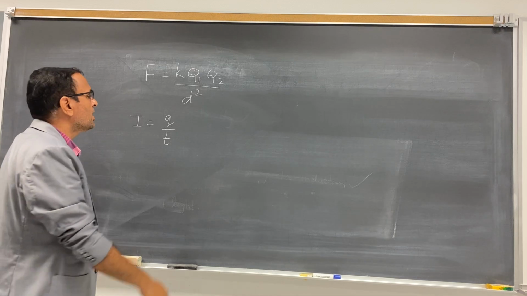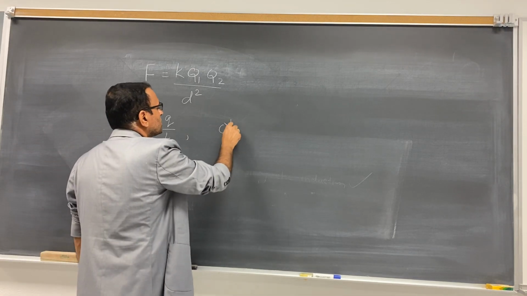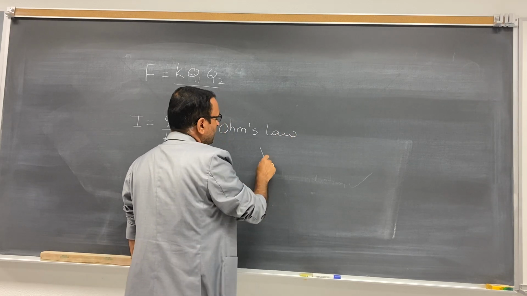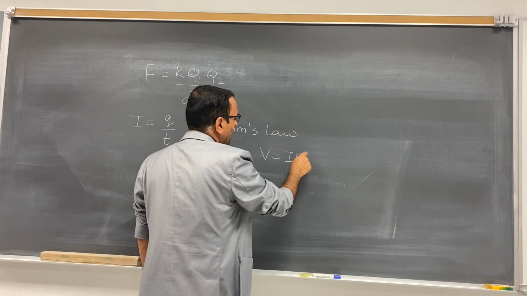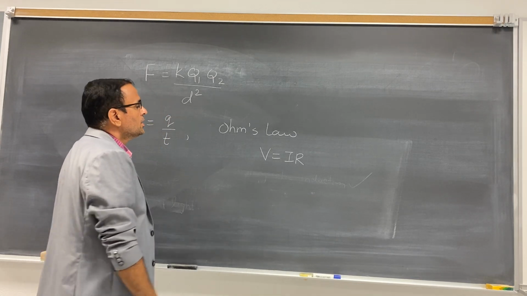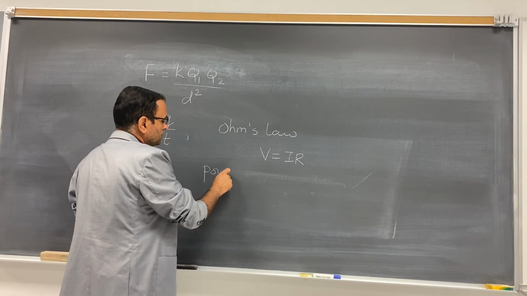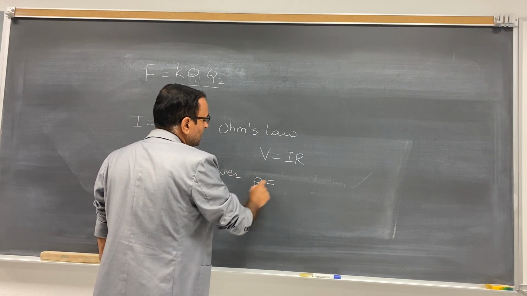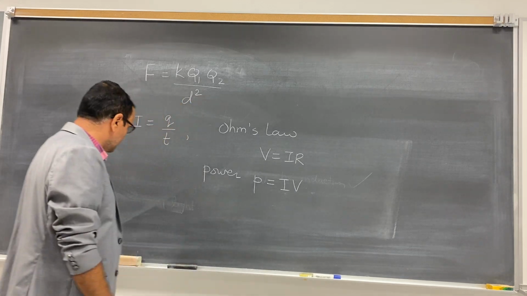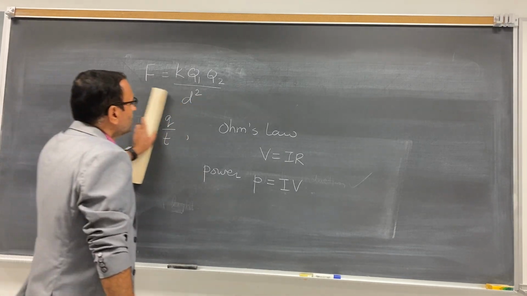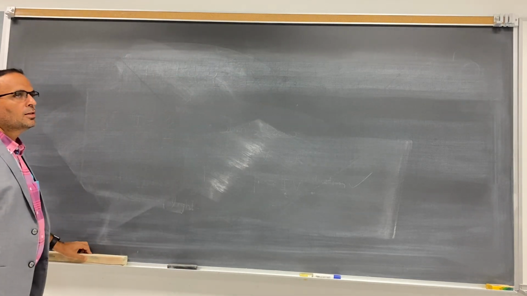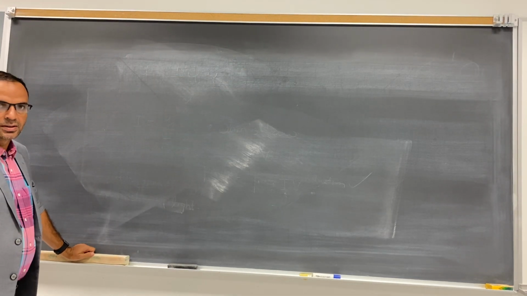Recall this formula and also Ohm's law, V equal to IR. Under Ohm's law we also talk about the electric power P, which is equal to I times V. Please recall this, and also the series and parallel combination of resistors.